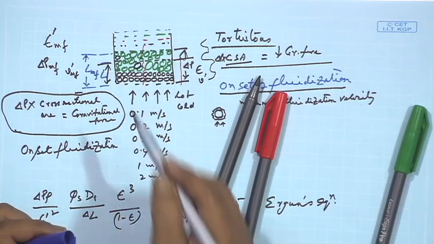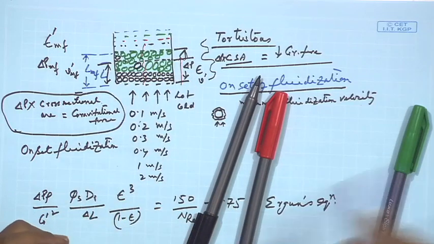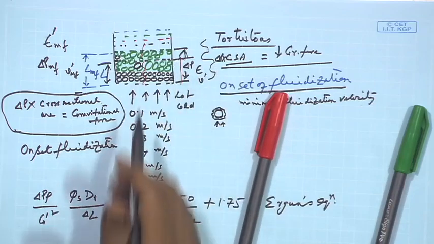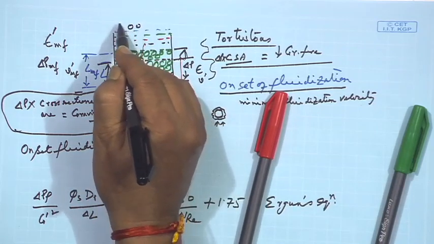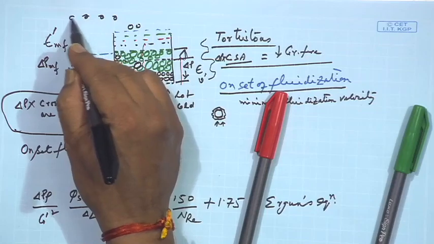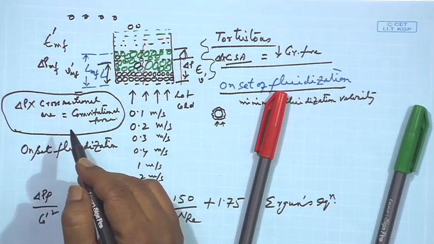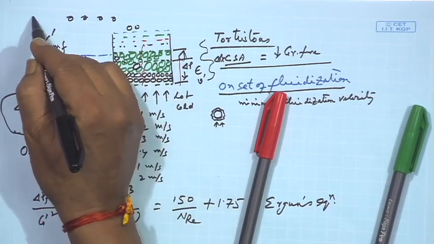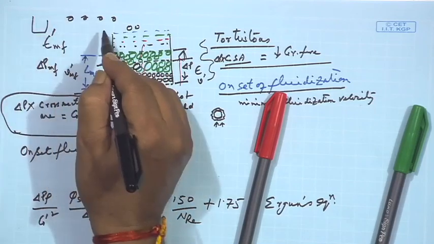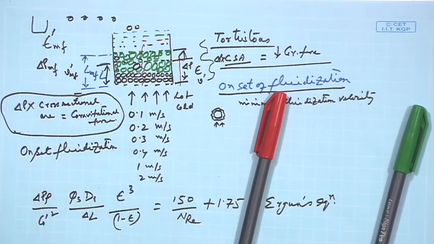After some time, if we still go on, these particles will start moving and be transferred from one place to another, which we have said earlier, and this condition is called conveying or pneumatic conveying. When you are using air as the medium, we call it pneumatic conveying, right.